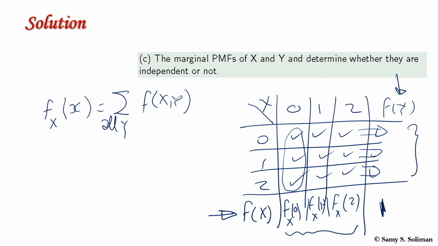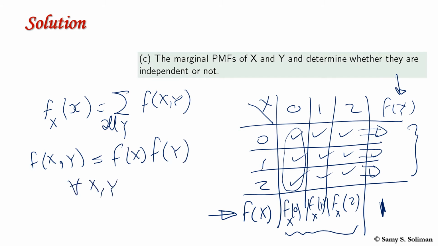In order to check whether x and y are independent or not, we want to check if f of x and y, the joint distribution, equals the marginal distribution of x multiplied by the marginal distribution of y for every specific value of x and y or not. If this condition is satisfied, then they are independent. If this condition is not satisfied, even for a single value of x and y, then the two random variables are not independent.